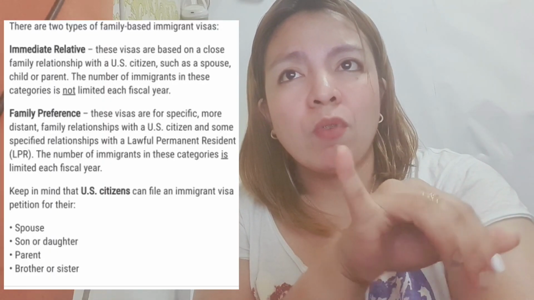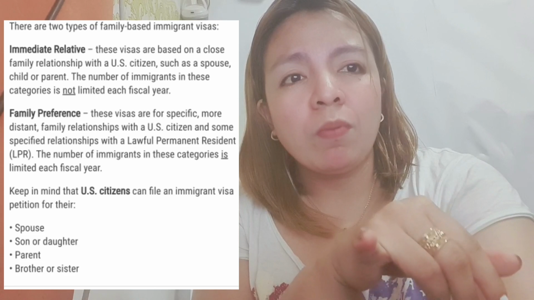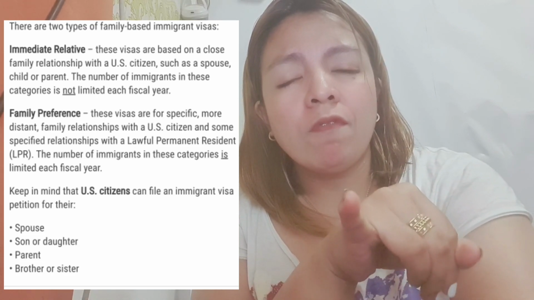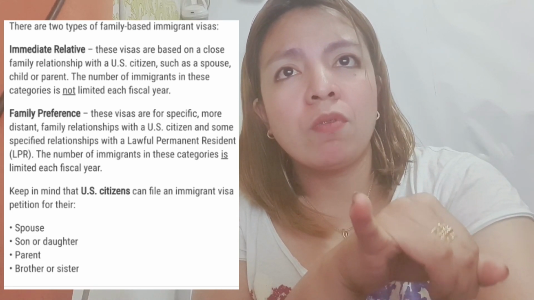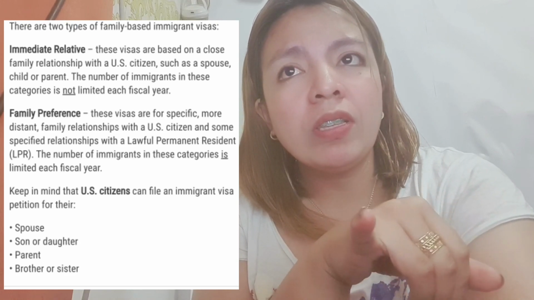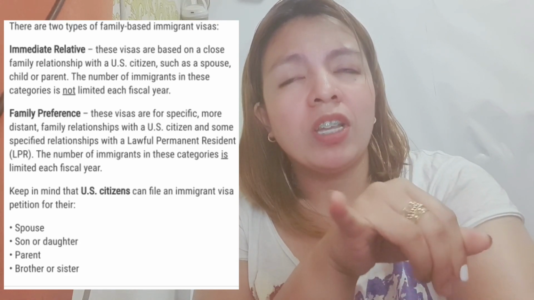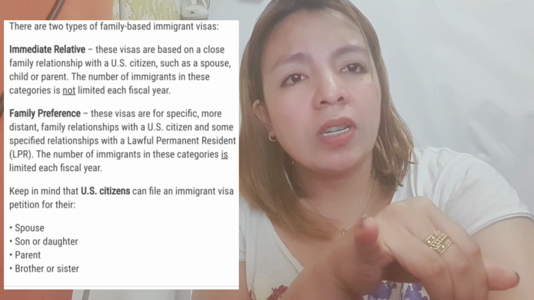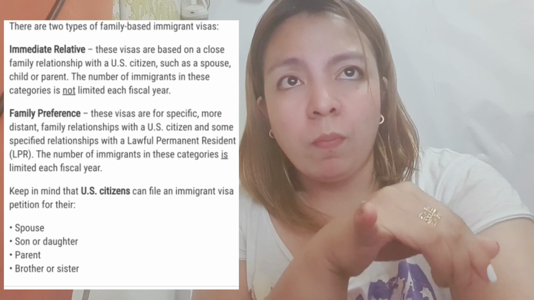Okay, and there are two types of family-based immigrant visa. Number one is the immediate relative. If you've watched my previous video, I already defined there what the meaning of immediate relative is. These are the visas that are based on a close family relationship with a US citizen, such as a spouse, child, or parent.